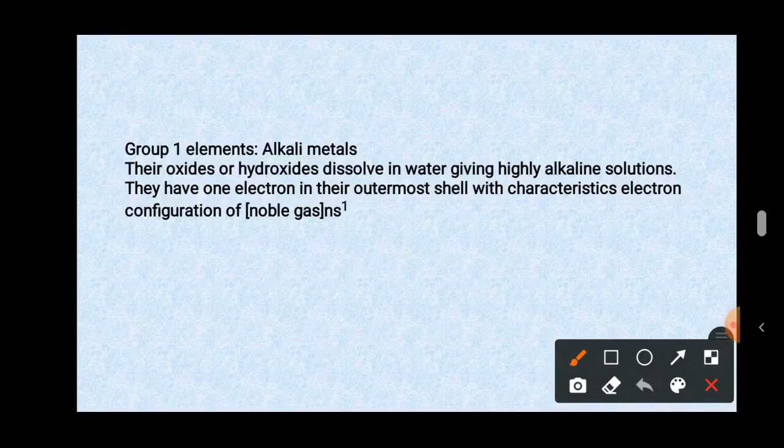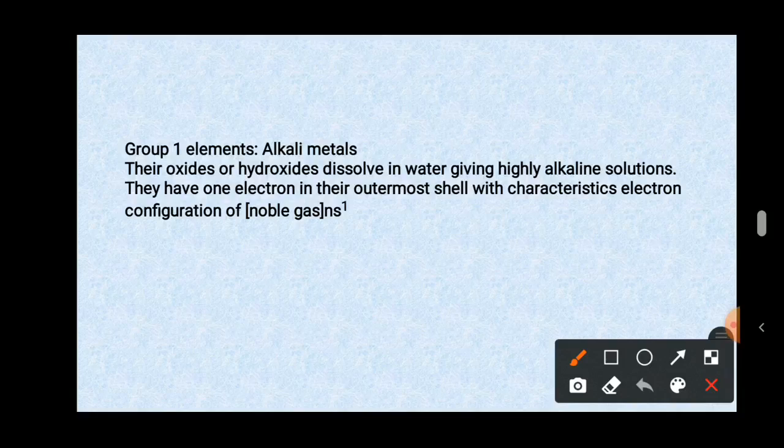They always exist in a combined state, in the form of ore or minerals. Sodium and potassium are abundant in nature. Lithium, rubidium, cesium are less abundant. Francium, of course, is a radioactive element. So this is about the occurrence of alkali metals.